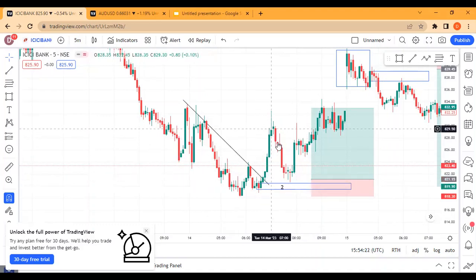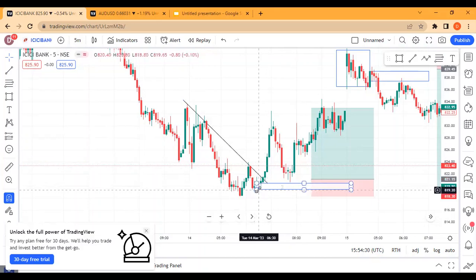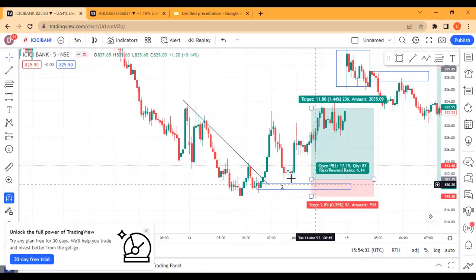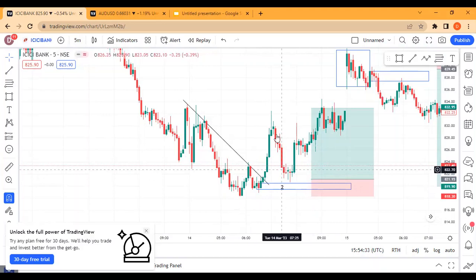But it retraces back, all right? The reason why it retraces back is because it wants to revisit or mitigate this order block that I have used a rectangle to indicate. So that's the reason why it came back. So the intention was to go up, not because it broke up already. The intention was to continue going up after it has visited the order block.